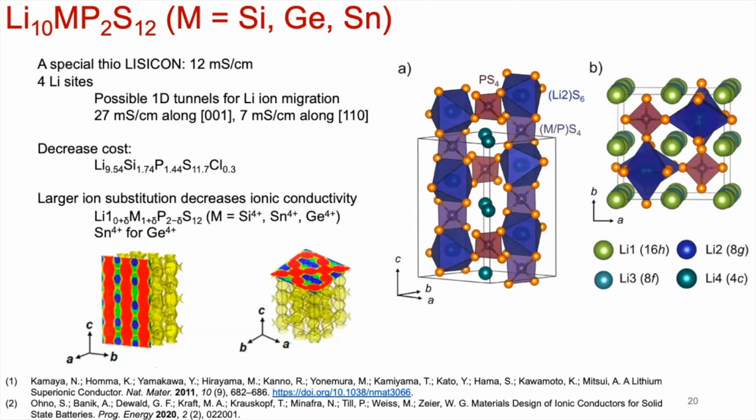So in 2011, when this paper came out, that really excited everybody because now you have an intrinsically high ionic conductor. So even though it starts off at 12, even if it's slightly porous, maybe you haven't sintered it, it doesn't have theoretical density, it hasn't achieved even 100% theoretical density, you've already started with something that beats 1 molar LiPF6 in ethylene carbonate, dimethyl carbonate.